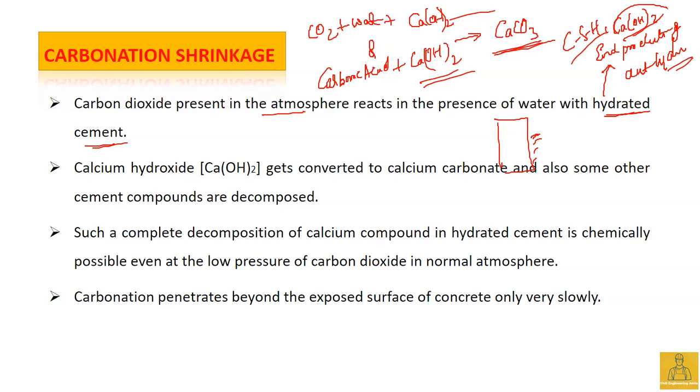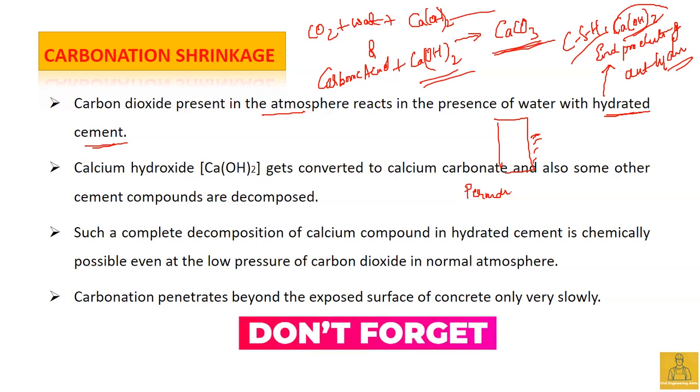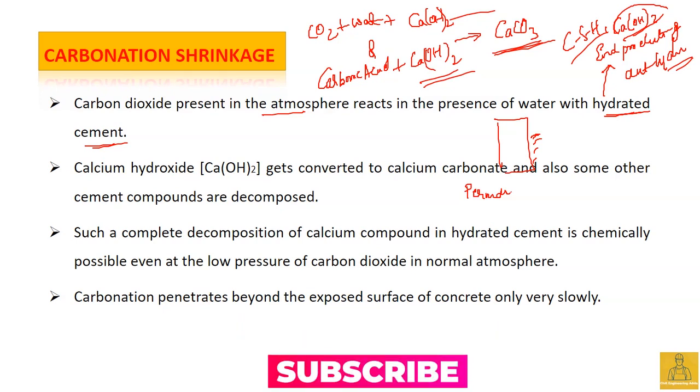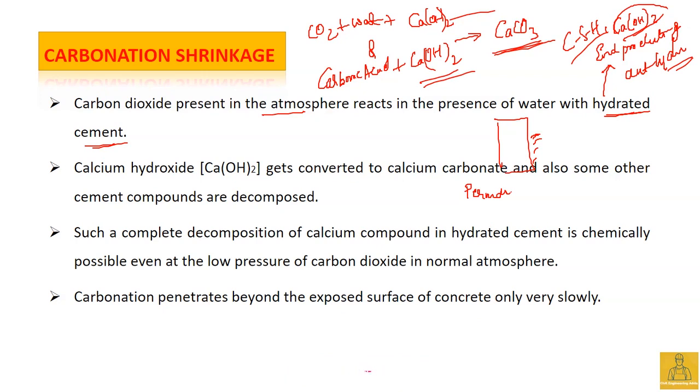So these are the four factors that are influencing the rate of carbonation. First one is permeability. Because this carbon dioxide tries to go deep and deep inside, the permeability of the concrete will help the carbonation. But remember guys, we do not want this carbonation to happen.